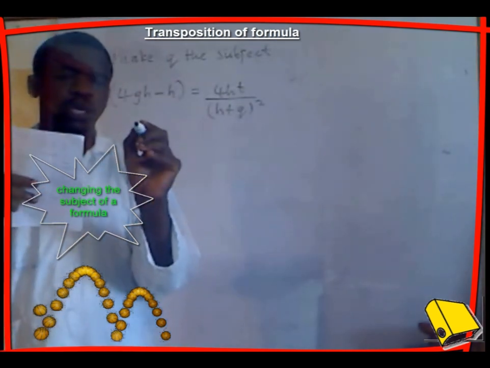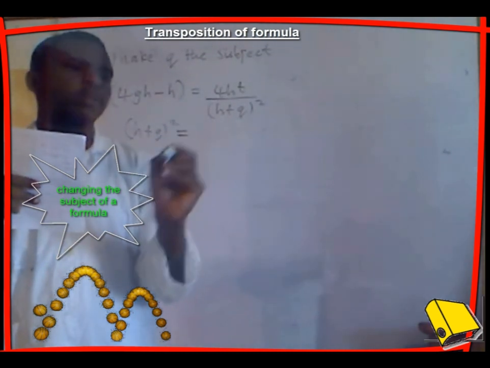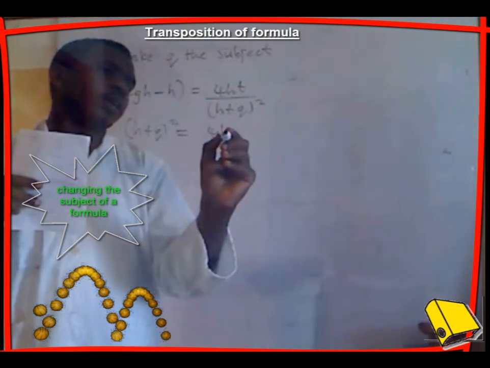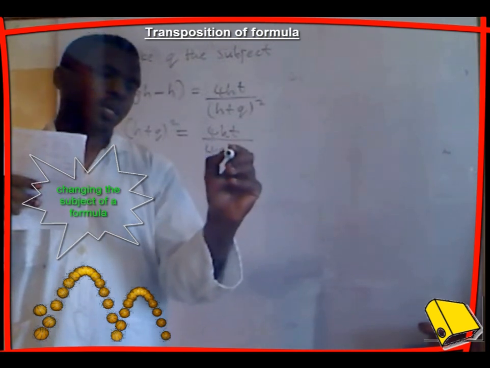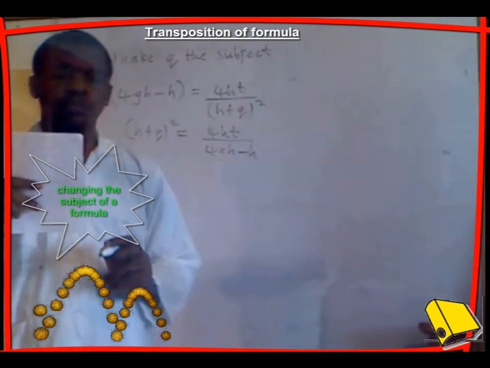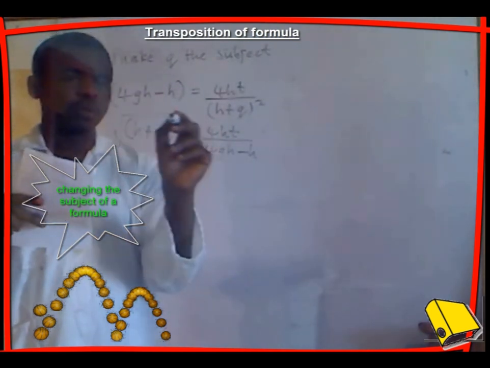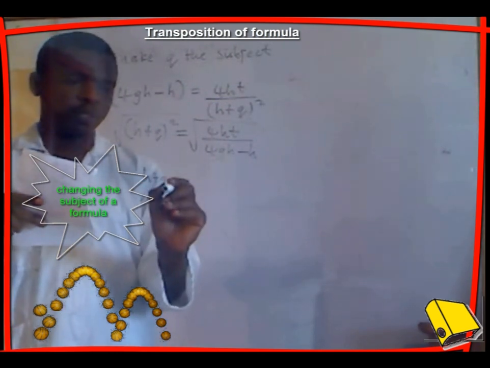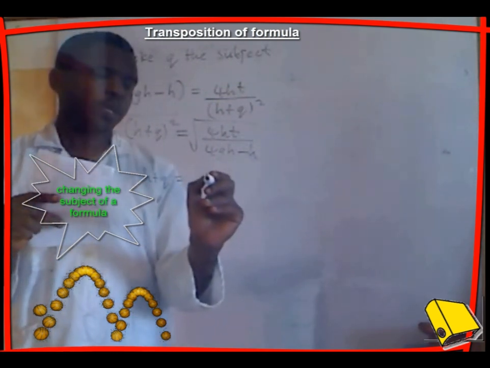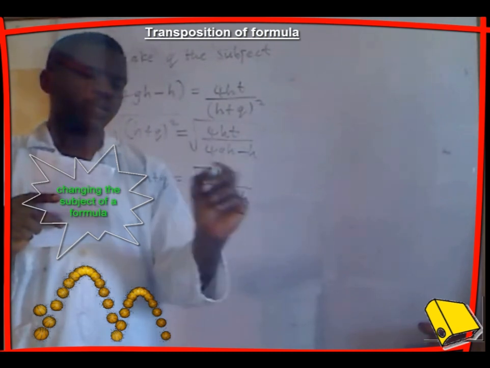This gives me h plus q all square is equal to 4ht divided by 4gh minus h. So what do I do here? I take square root on both sides. This is square root, square root, this will give me h plus q is equals to 4ht divided by 4gh minus h, all to the root.